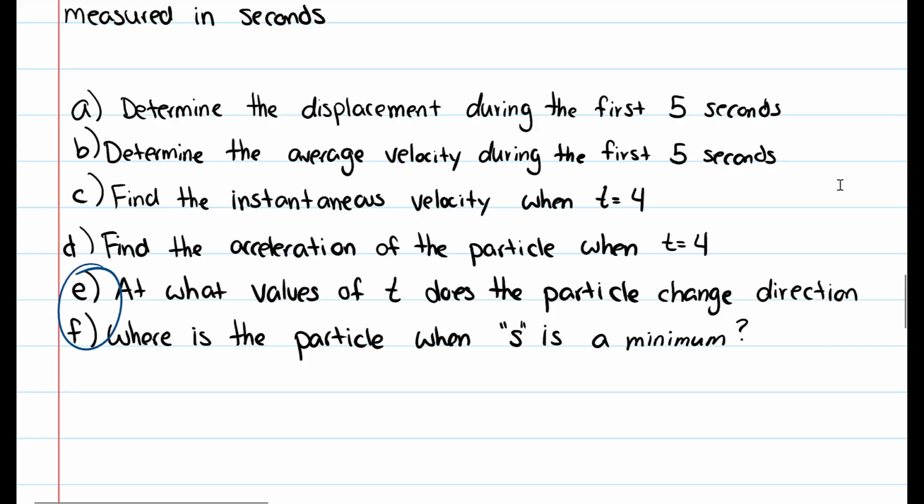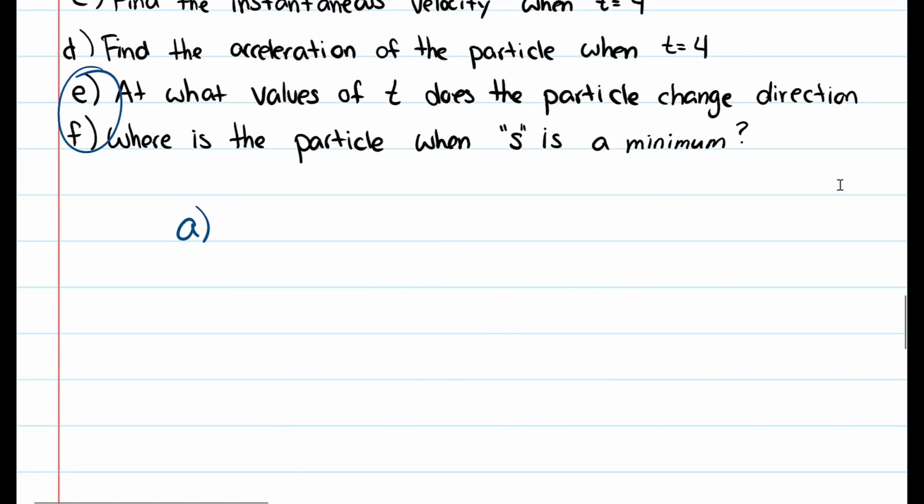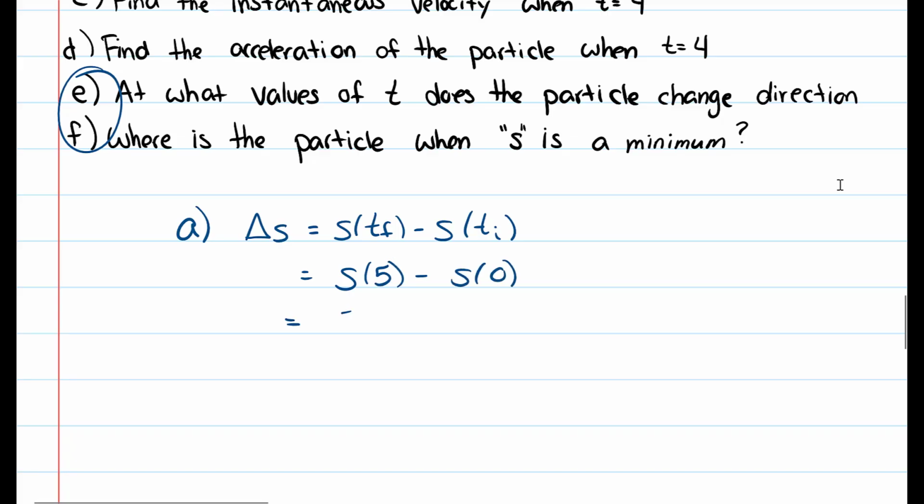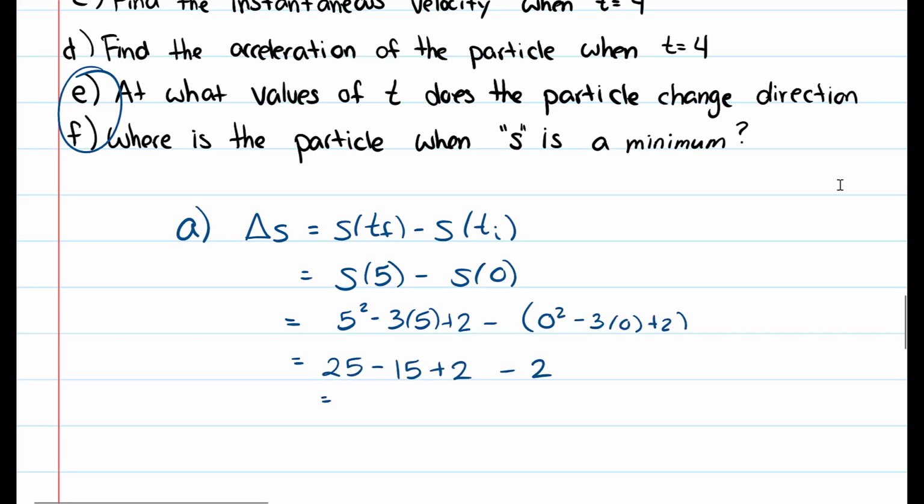So for part A, I want displacement, and I know displacement is delta S, which is S t final minus S t initial. And so I get this is S of 5 minus S of 0. And so we get the displacement is 10 meters.